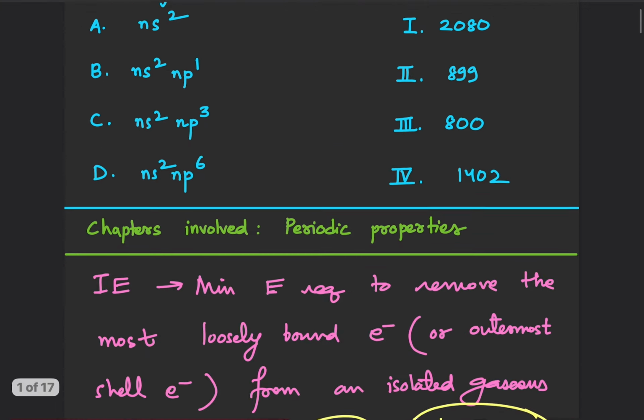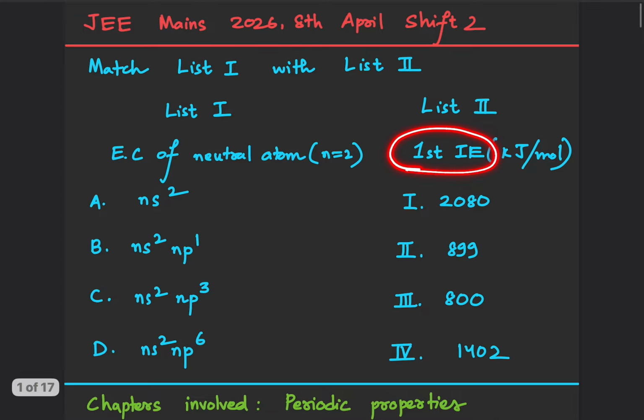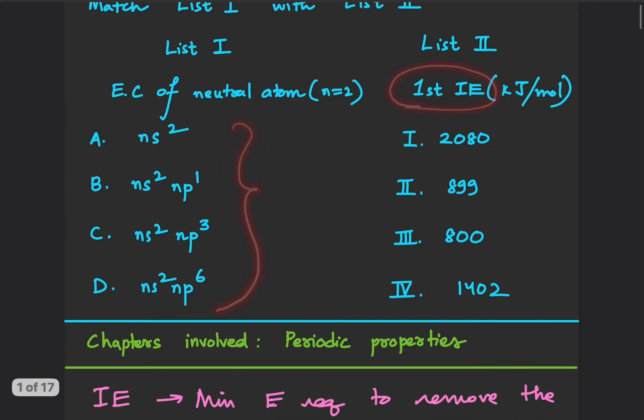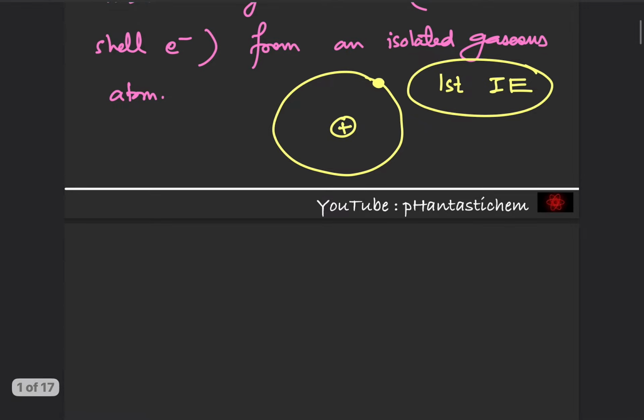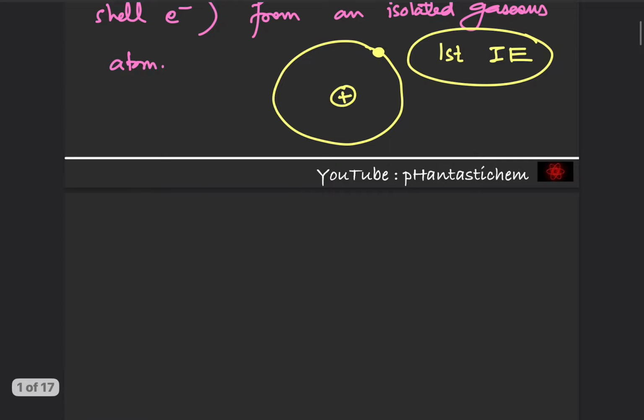In this question they have told us about first ionization energy, so all of them are talking about the gaseous atom in its ground state. The symbol of ionization energy is delta IH, where I stands for the number. For example, a first ionization enthalpy will be delta 1H.